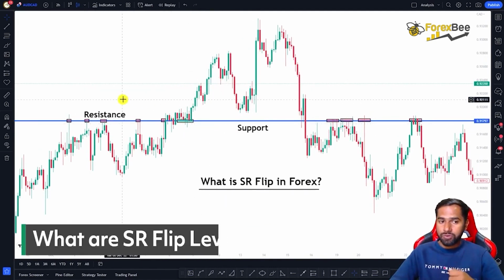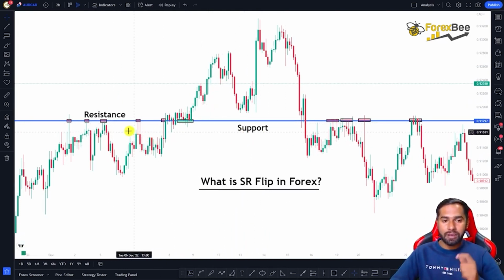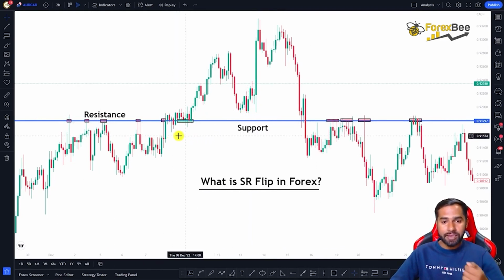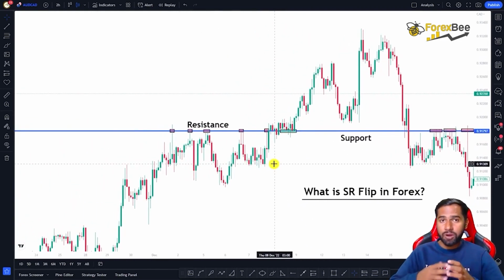As I just told you about the resistance and support levels, an SR flip level is a level from which the market turns a resistance into support. So any level where our resistance turns into support or support turns into resistance, that level will be called an SR flip level.